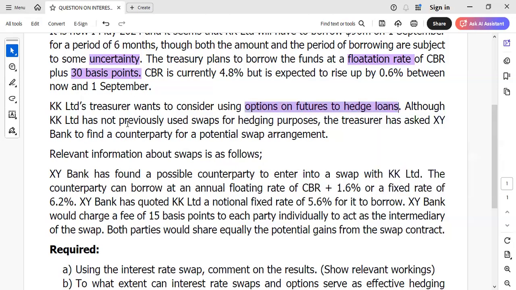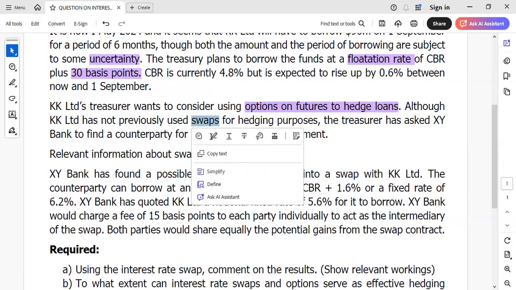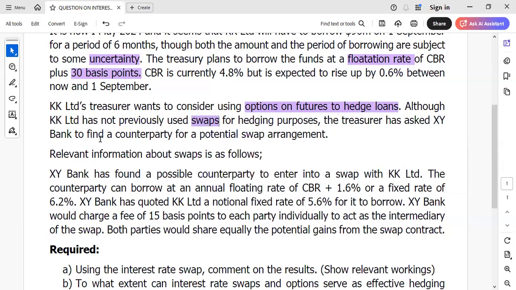Although KK Limited has not previously used swaps for hedging purposes, the treasurer has asked XY Bank to find a counterparty for a potential swap arrangement. So you see here they are introducing the swaps.